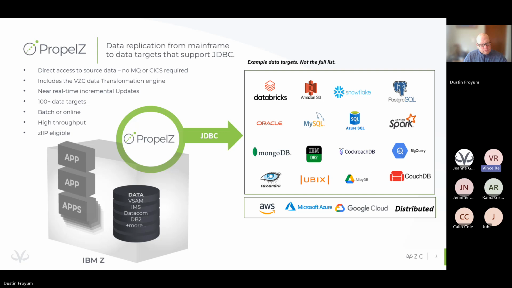So if your idea is, I don't want to go to a JDBC target, I want to get my data, transform it to a JSON object, and then call a script that drives an API, absolutely, we can help you do that too. And again, because we're doing all of this with the full power of the mainframe behind us, we find pretty incredible throughput here.